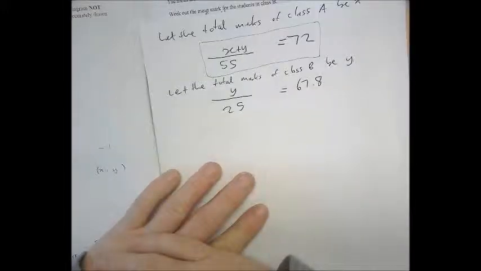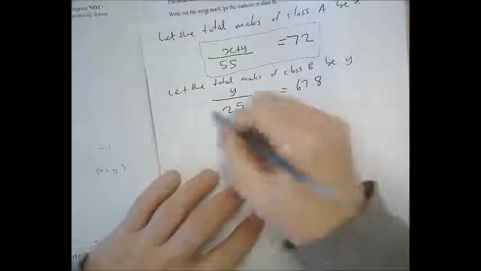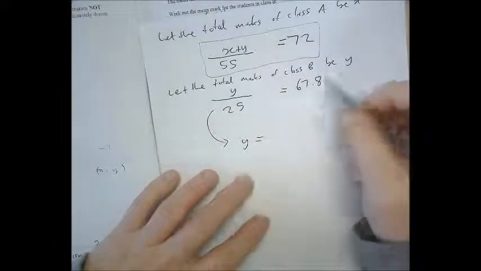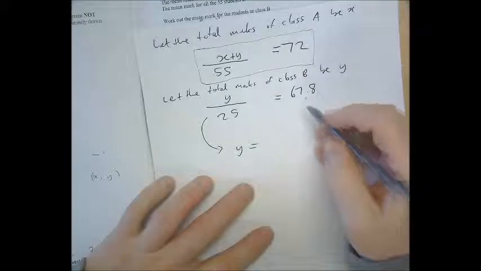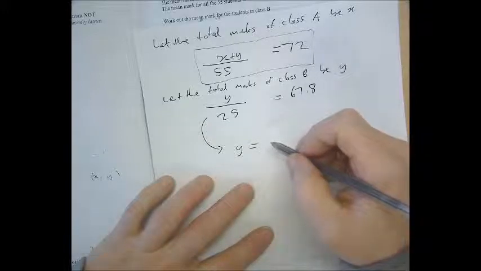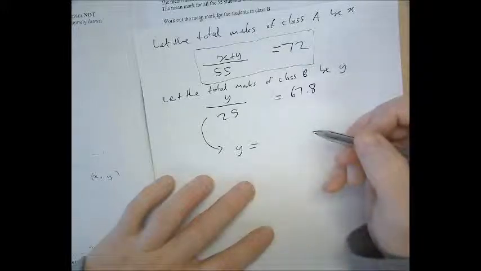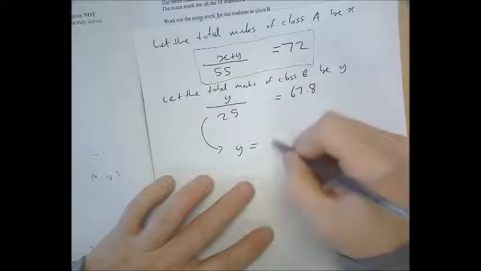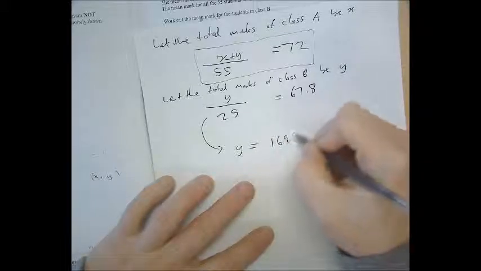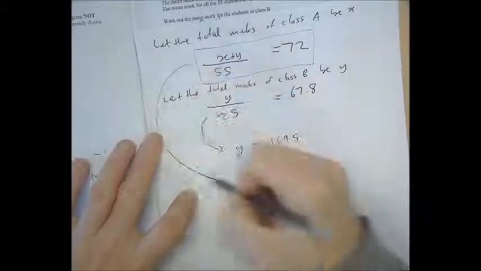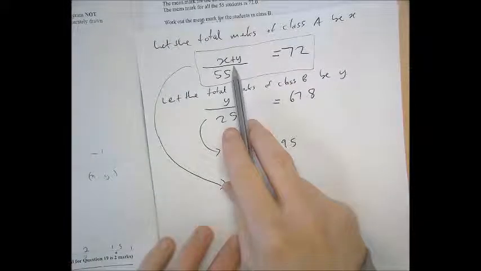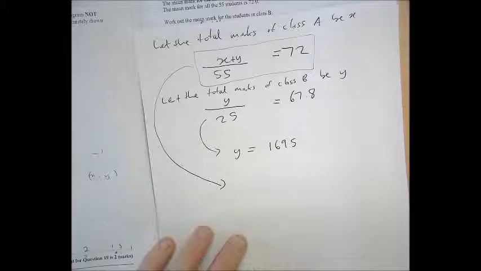Times by 25. Yep, so we'll do this one. Can somebody just do that for me on the calculator? What's 67.8 times 25, please? Emily's doing it, so it's cool. It's 1,695. Okay, we're also going to... What are we going to do with this, Georgia, this one?